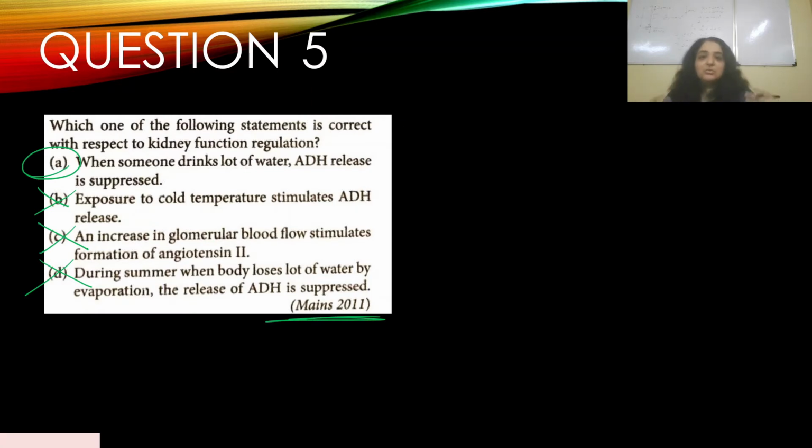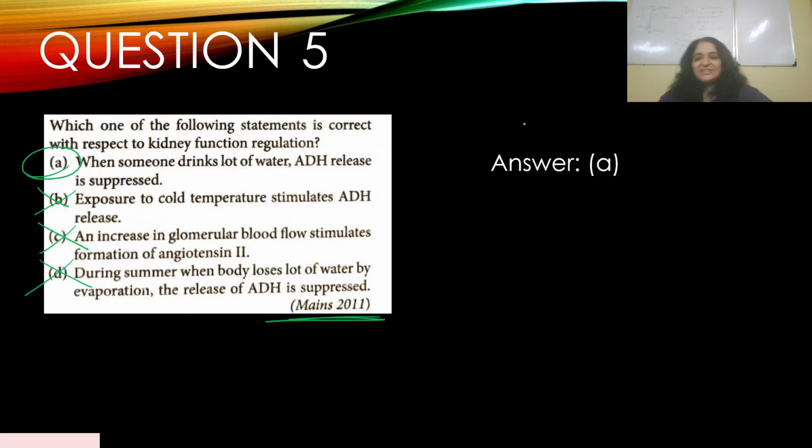Obviously during summer we lose a lot of water by sweating, right? So our body starts forming concentrated urine, and that is with the help of ADH. So ADH to a certain extent does play an important role in determining concentrated or dilute urine. This is a very important point.